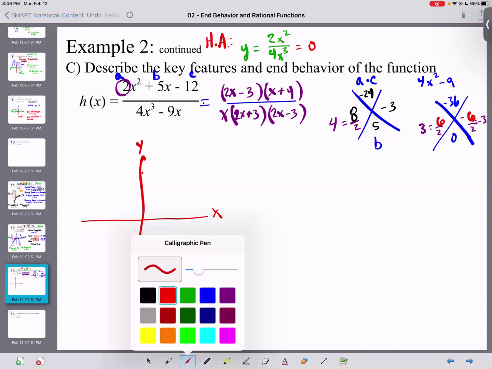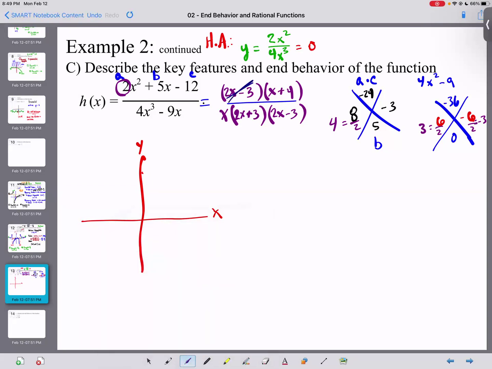So what does that mean? Well, it looks like I have a hole, from the factor 2x minus 3. So 2x minus 3 is going to create the hole, which means x itself would equal 3 divided by 2. To find the y value, I would plug that into the equation once left over. So 3 halves is like 1.5.